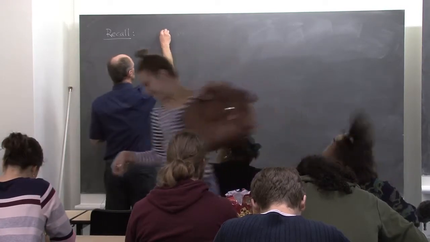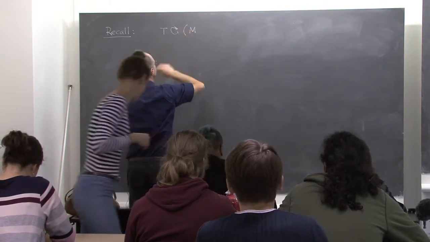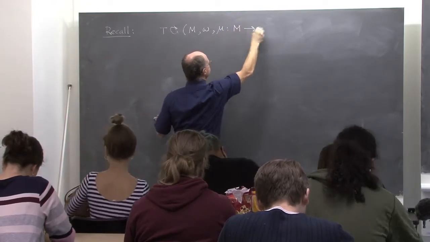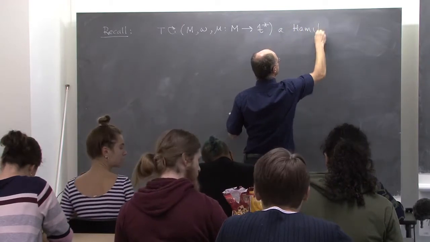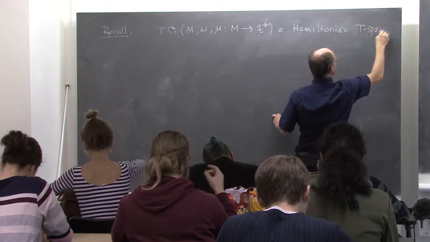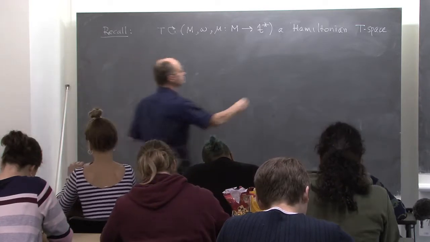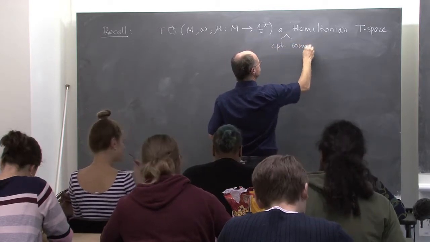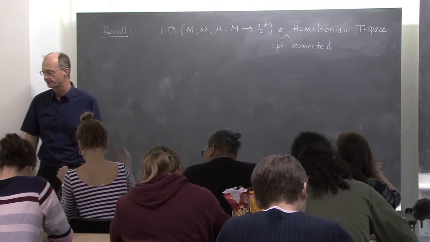So, as usual, we look at Hamiltonian T spaces, and we choose the group to be a torus. So, in a Hamiltonian T space, let me make it compact and connected for the purposes of today's lecture.